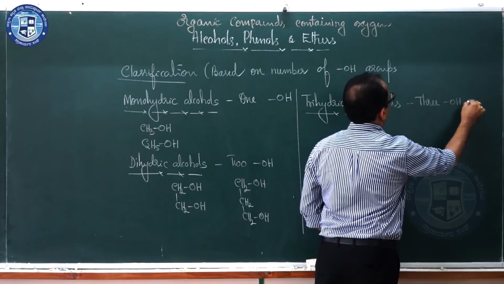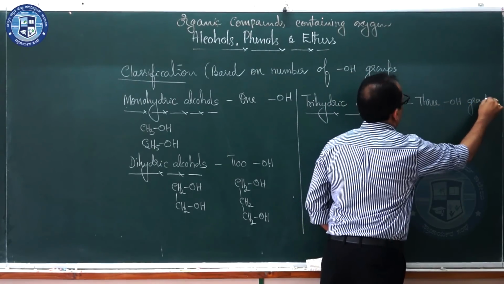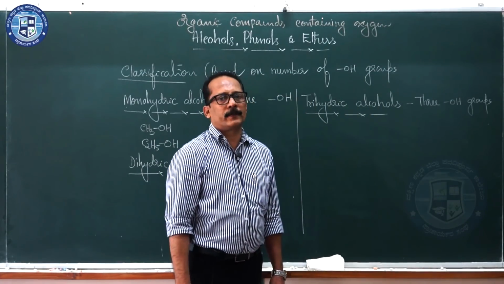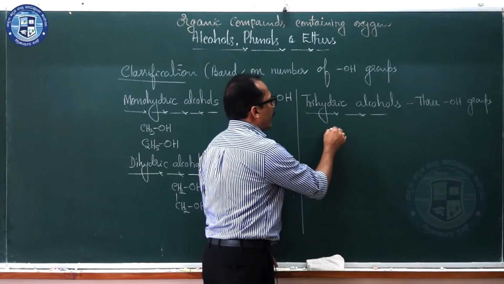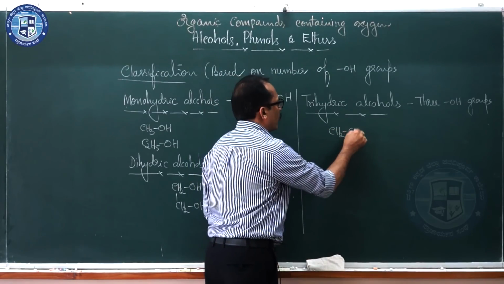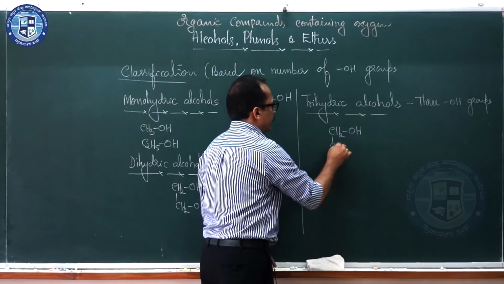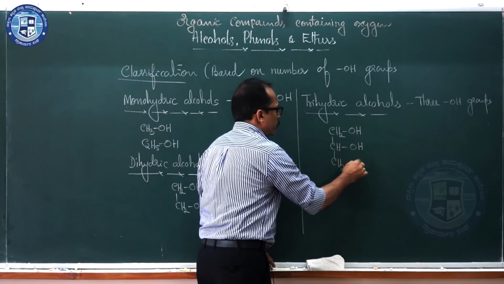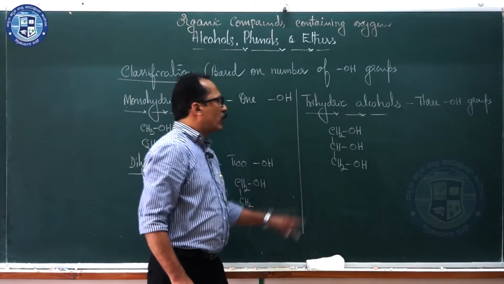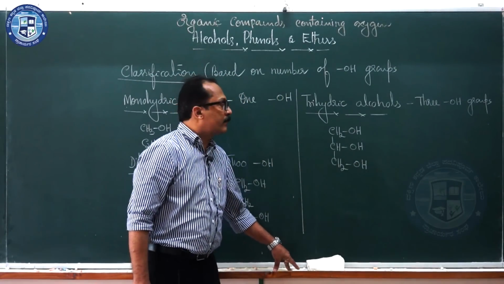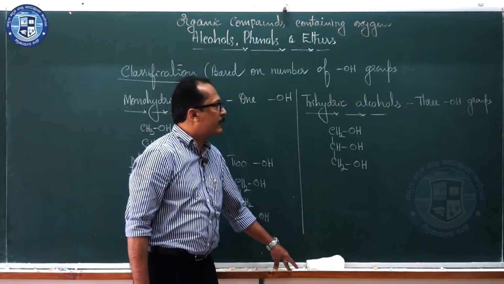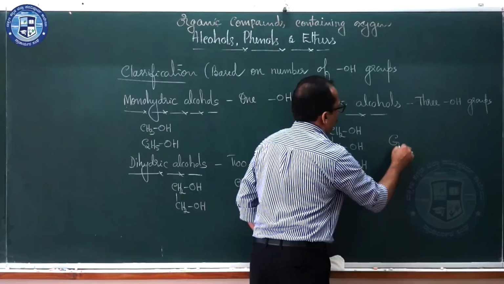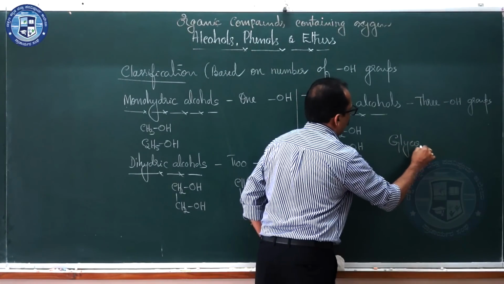Such types of alcohols are called trihydric alcohols. Example: glycerol, CH2OH-CHOH-CH2OH. Just observe this compound: there are 3 OH groups. Hence, it is an example of a trihydric alcohol. The name of this compound is glycerol.